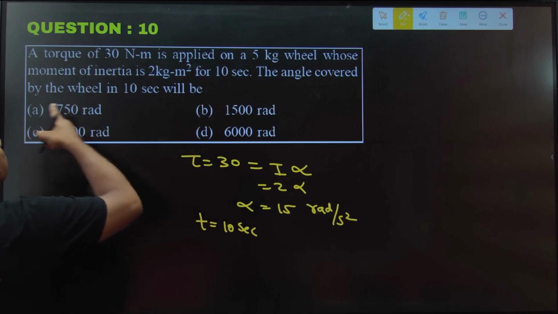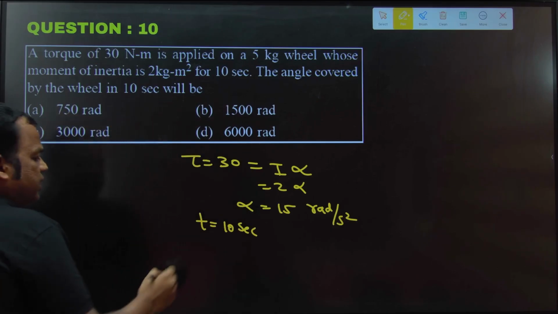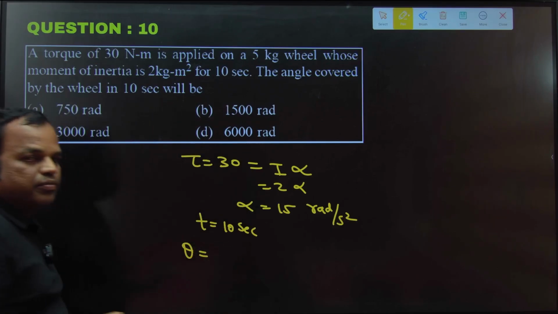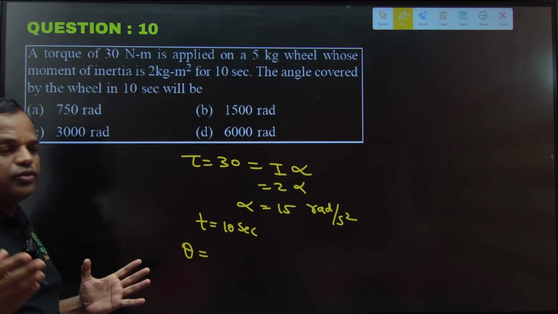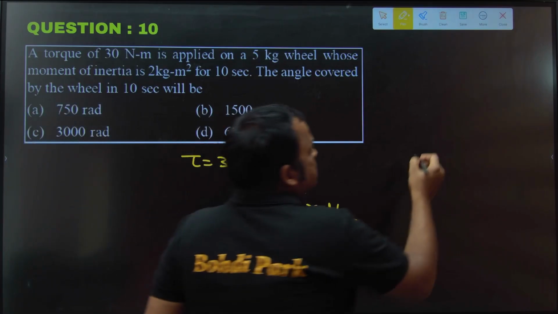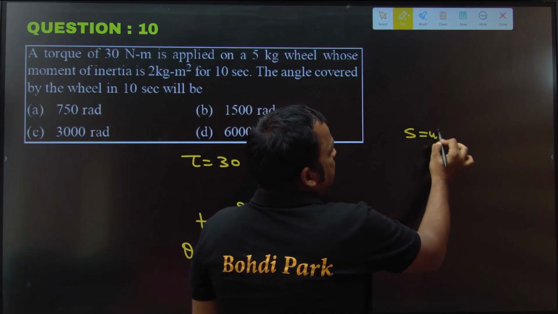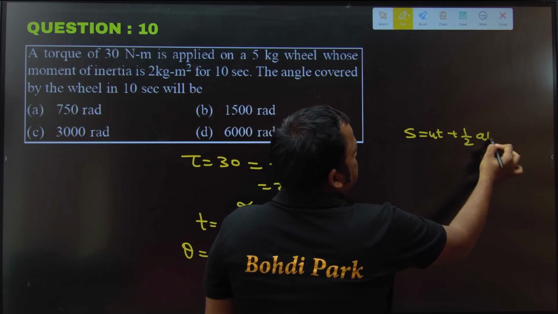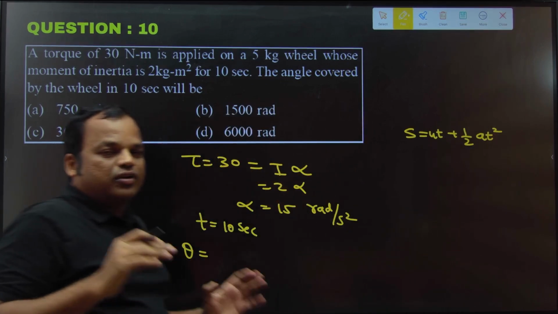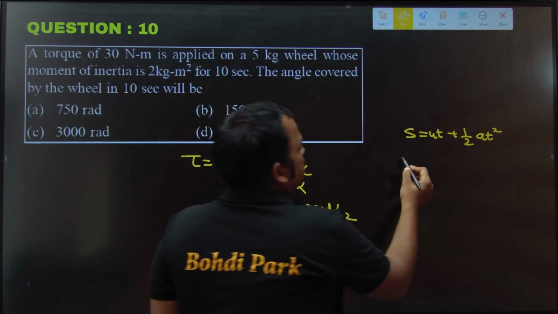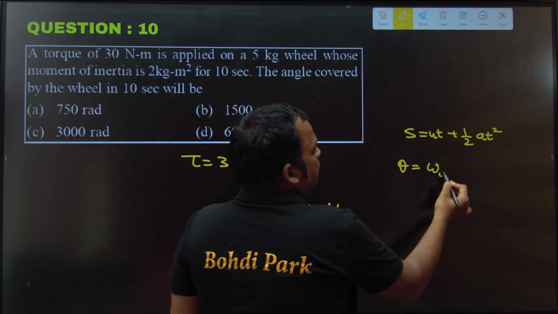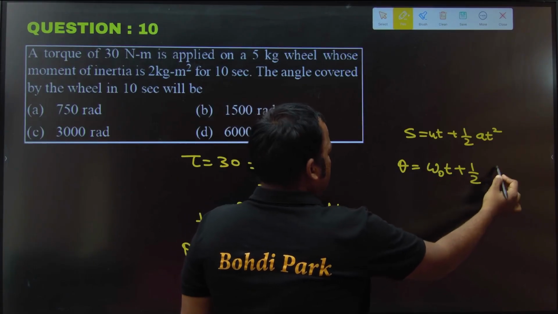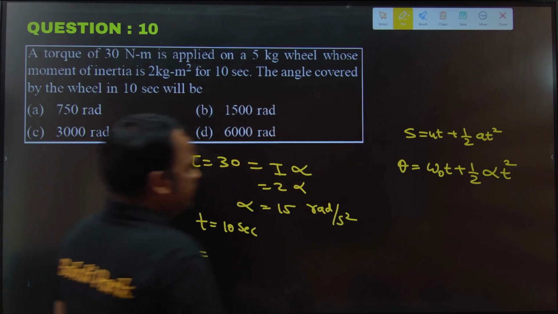We have to find the angle covered, so we can use the equation of motion. In translational motion, we have S is equal to ut plus half at square. For rotational motion, theta is equal to omega naught t plus half alpha t square.